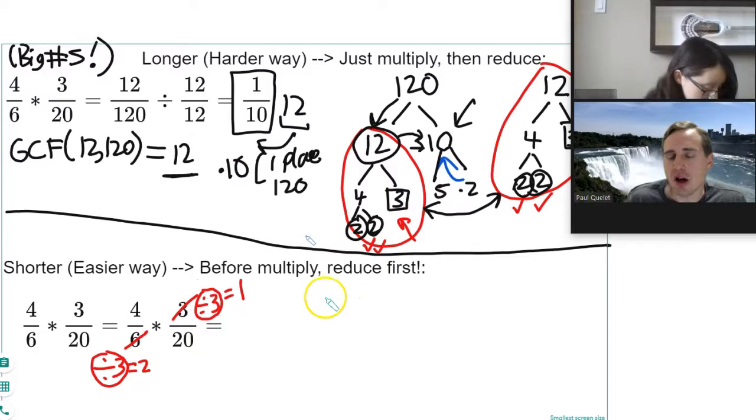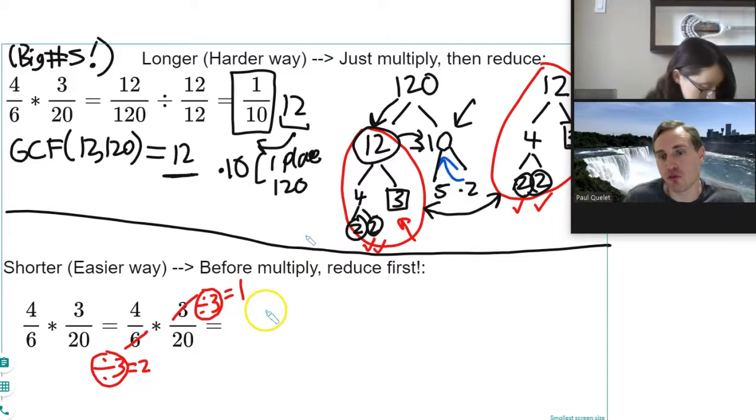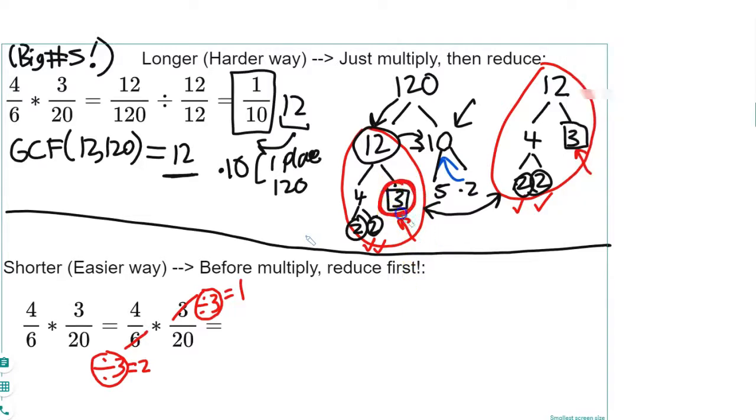The reason is that as long as you're canceling something on top and bottom, as long as there are more factors, there's more reducing to do. By the way, do you see that the 3 we already did is the same thing as this 3 right there?